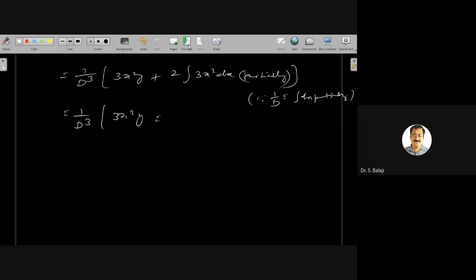It will be 3x cube by 3, the 3 gets cancelled, plus 2x cube. Now this is 3 times integration of 3x square y plus 2x cube dx partially.